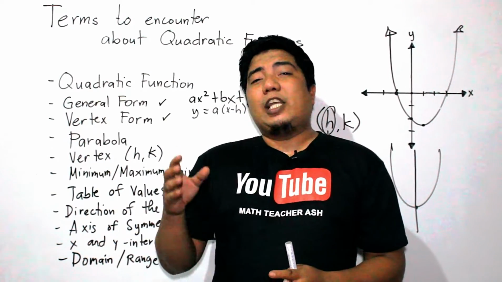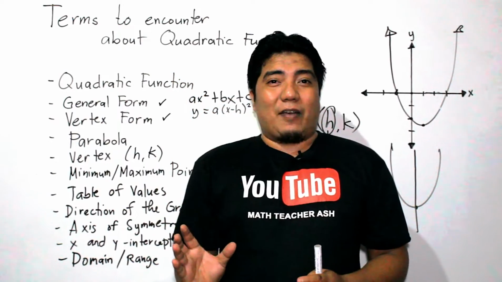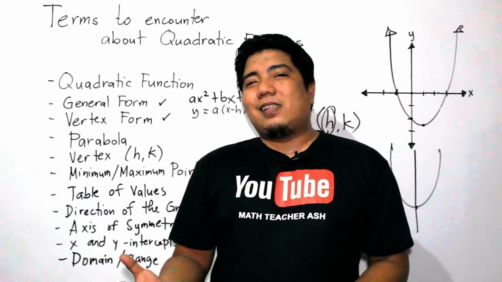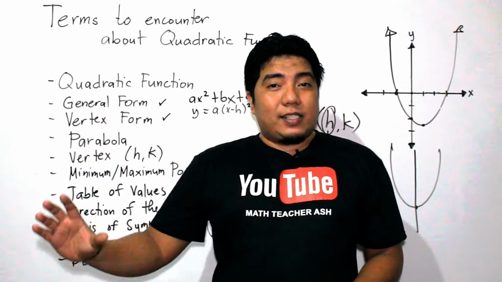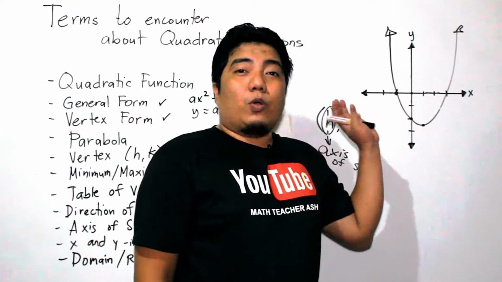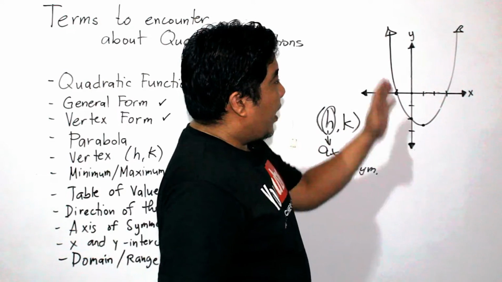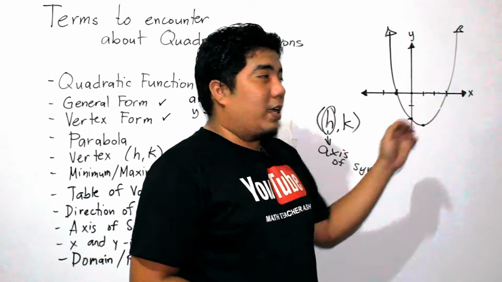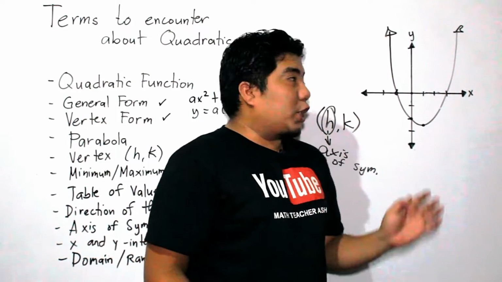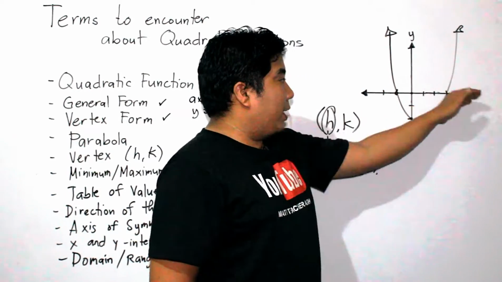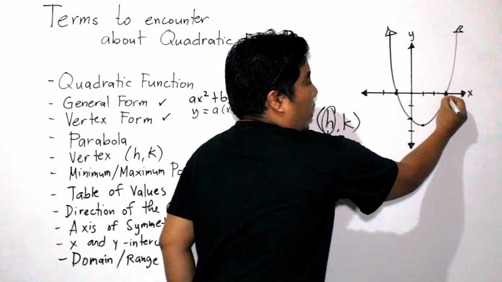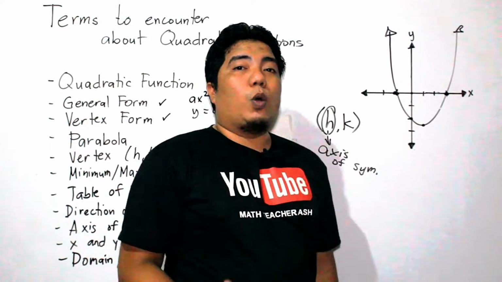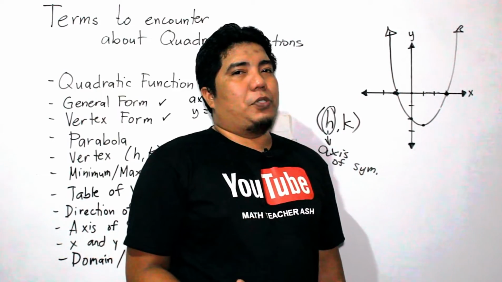X-intercept is the intersection of your graph to the x-axis. The x-intercept is also known as the zeros of the function. Now, look at this parabola. As you can see here, this is the x-axis, right? Now, the intersection of the parabola to the x-axis, this is the one, and this is the other one. That is what we call the x-intercepts.